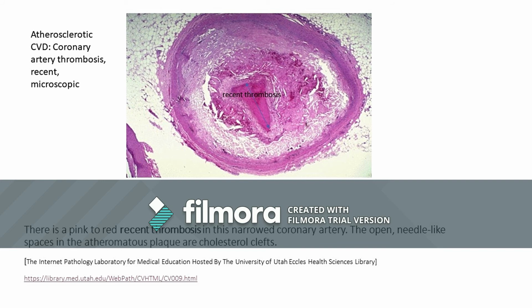This image is of an atherosclerotic coronary artery, and it has a recent thrombosis that can be seen within the lumen of the coronary artery. As you can see, there is a pink to red recent thrombosis in this narrowed coronary artery. The open needle-like spaces in the atheromatous plaque are cholesterol clefts.